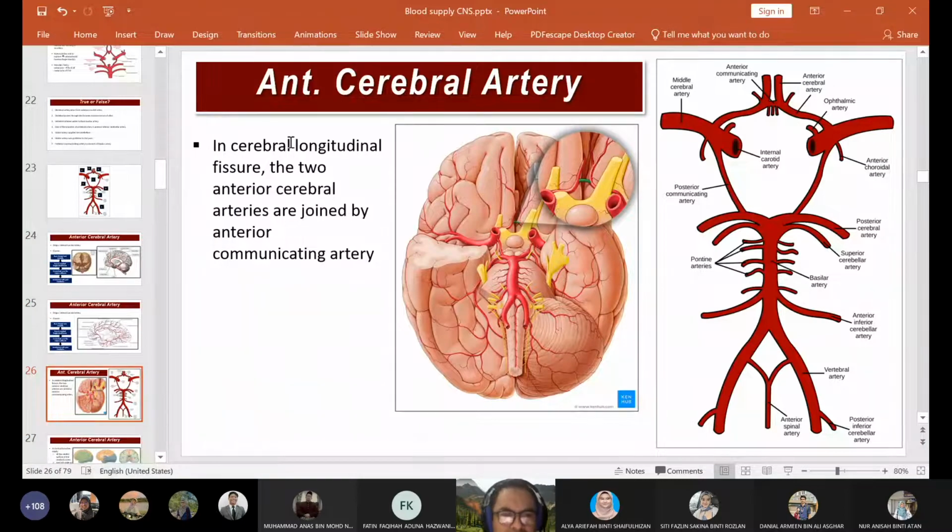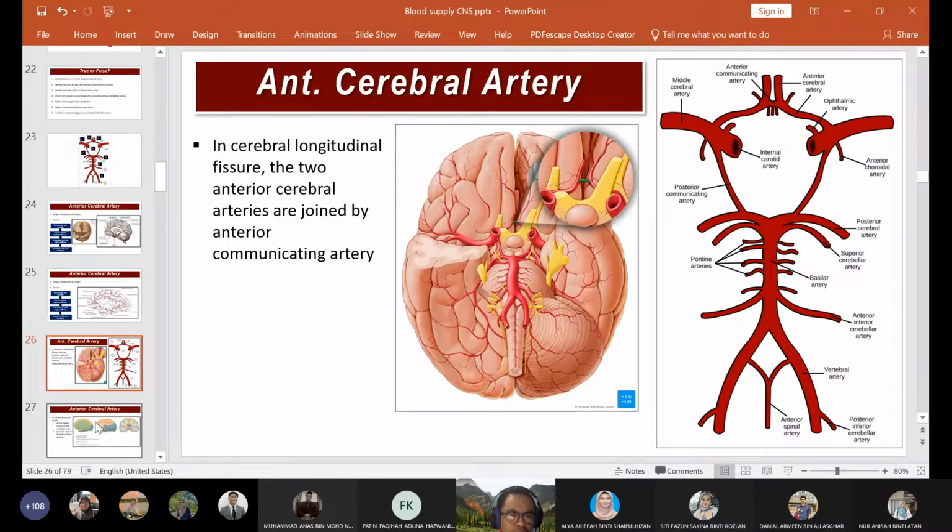Now, in the cerebral longitudinal fissure, the two anterior cerebral arteries are joined by the anterior communicating artery. So yang ni lah anterior communicating artery. Okay.